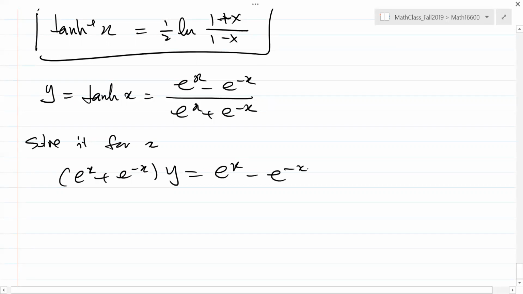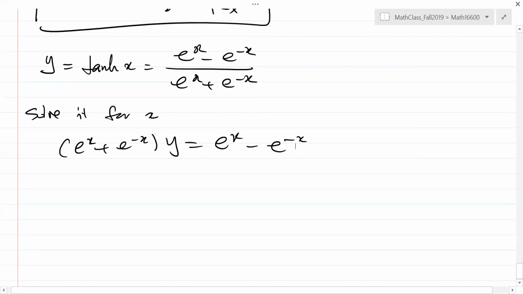In mathematics, as long as your computation is correct, no matter which way you derive it, you will end up with the same kind of conclusion. You will not get a contradiction. If you happen to get a contradiction from 2 different approaches to get the inverse function, then somewhere in some approach there is a mistake.